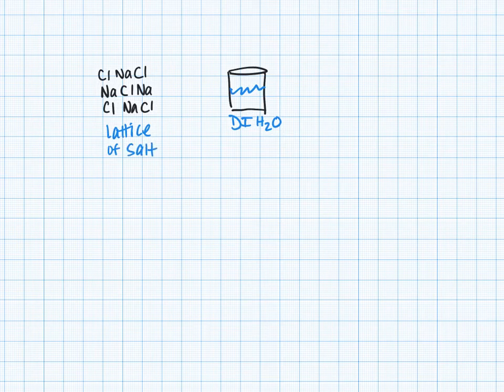So if I were to attach electrodes to each of these, a little probe to measure the conductivity, how strongly electrons flow through these two components, this lattice of salt and DI water, you would essentially see zero ohms. Okay, no conductivity.